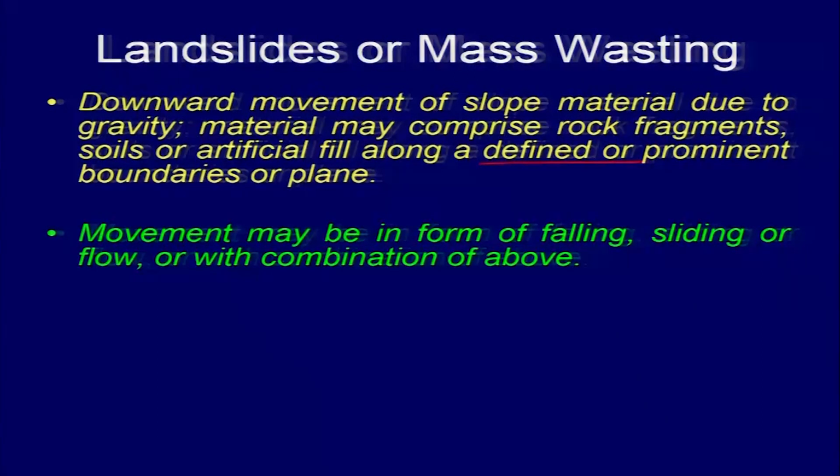Movement may be in the form of falling. This falling will be very typically seen if you have a rock strata. Sliding can also occur in a rock strata, but we need to have the rock strata or the succession having joints. If they are jointed, then they can slip along the joints.